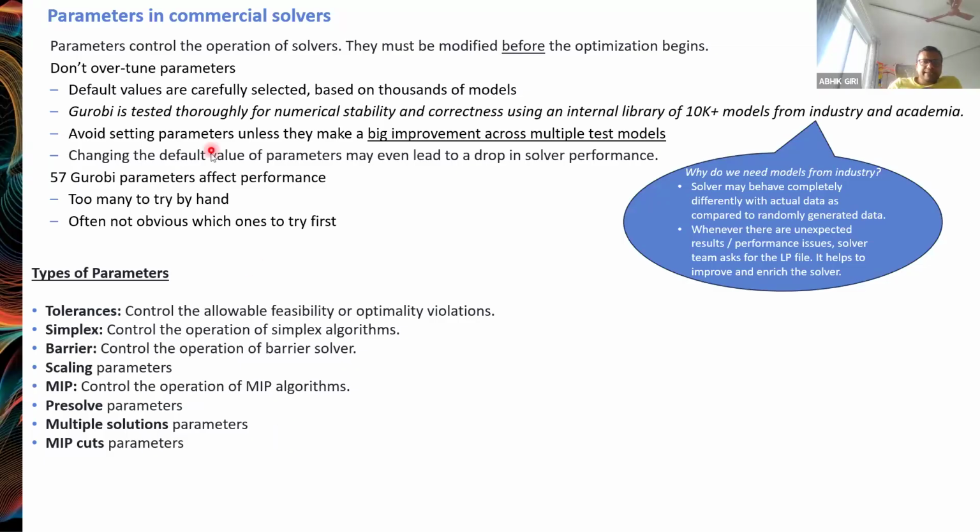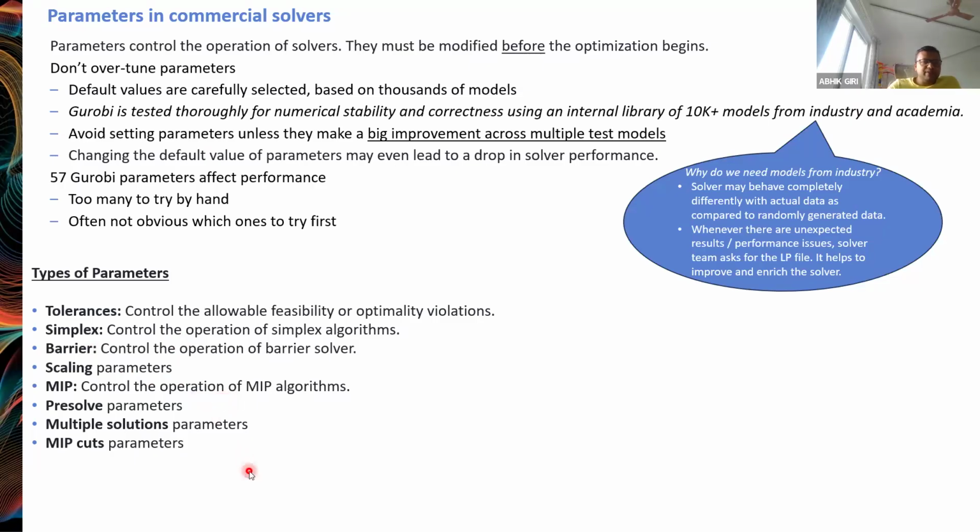Okay, so now these are different types of parameters that exist in any commercial solver. Tolerances we have already seen in the last lecture. Then there are different parameters to control how simplex or barrier algorithms work. Scaling parameters, we will come to that again. Different parameters control the operation of MIP algorithms.